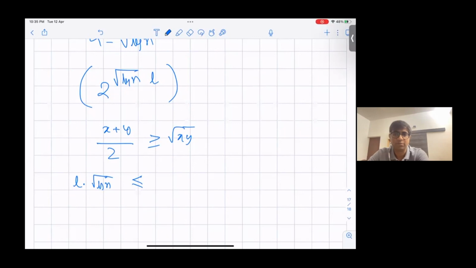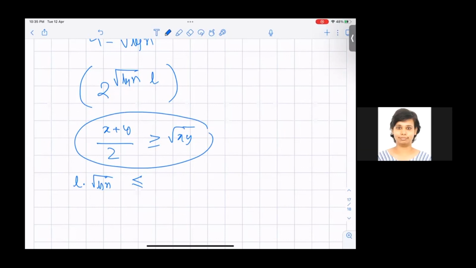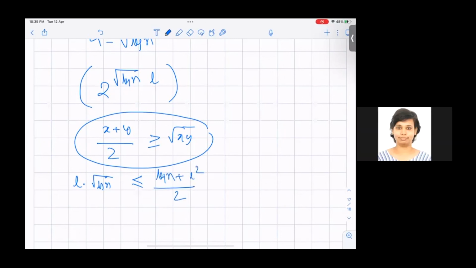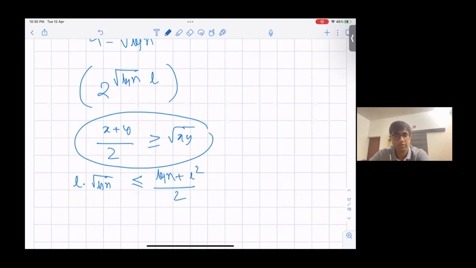Come on, you people are much better than me in maths. Using this inequality, what can I write? L plus what? Is this okay? How many of you agree to this? Yes, it's true. Okay, excellent.